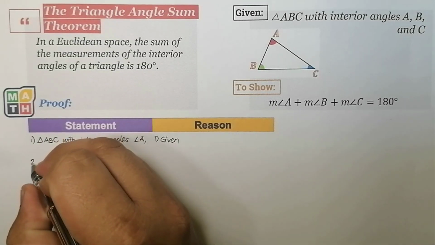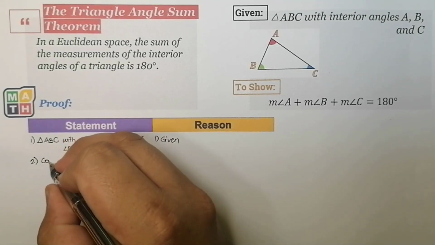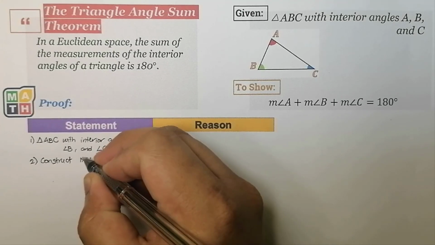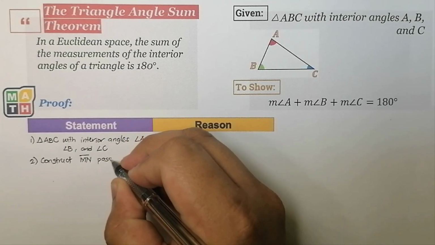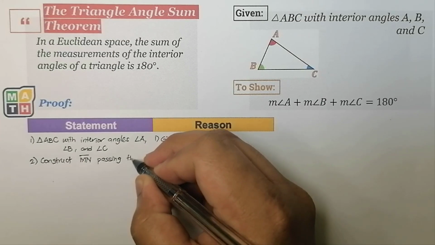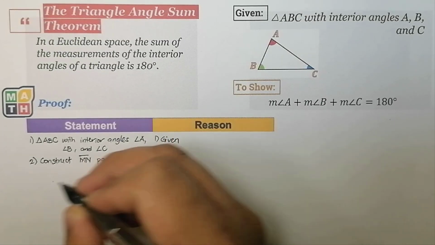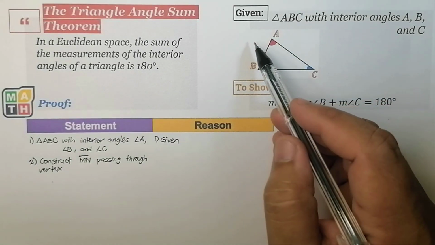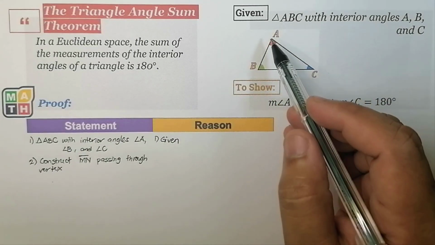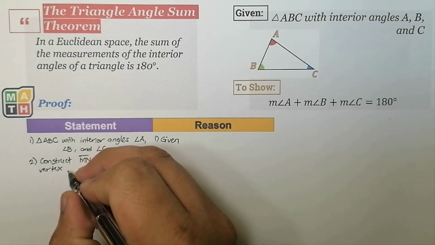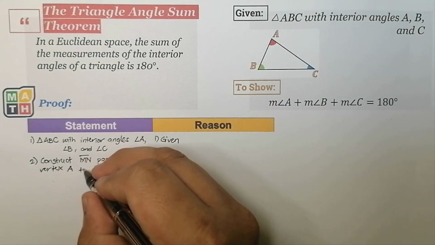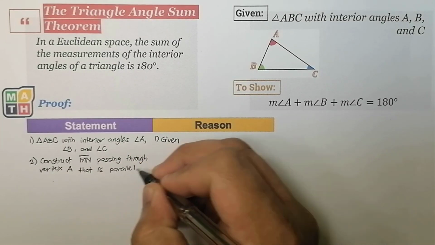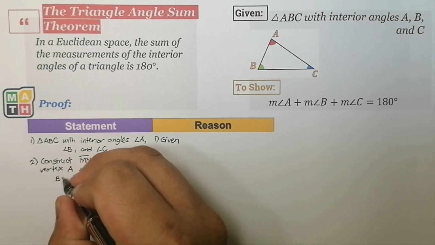Let us consider constructing line segment MN passing through vertex A here. In short, we're going to construct a line segment MN passing through this vertex, again vertex A, that is parallel to side BC.